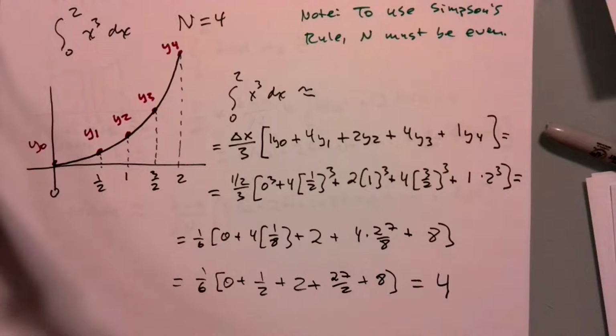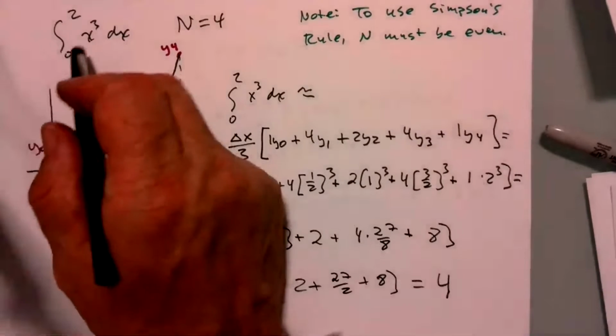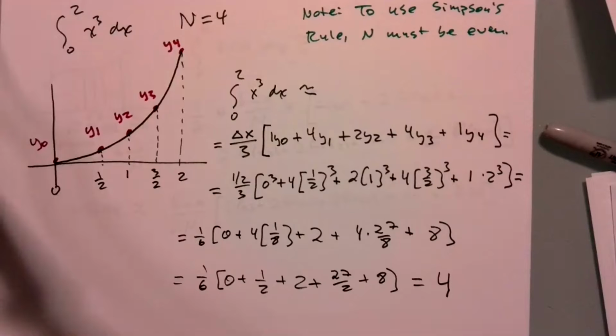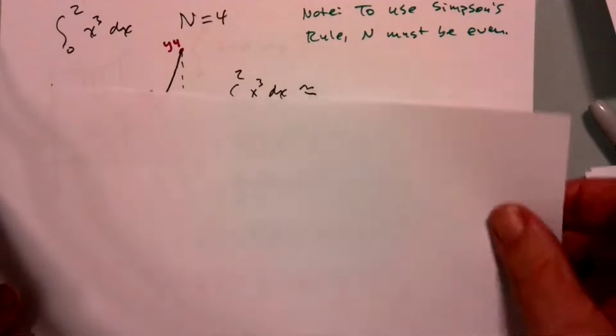The question is then, how good is that approximation? Is that close to my answer? Is that way off? You remember what we were asking for is the integral from 0 to 2 of x cubed dx. So let's do that to see how close that is to 4.